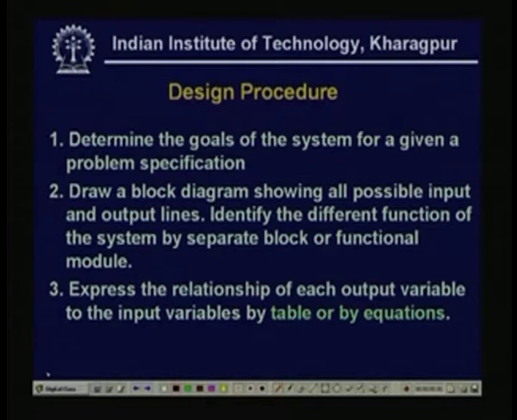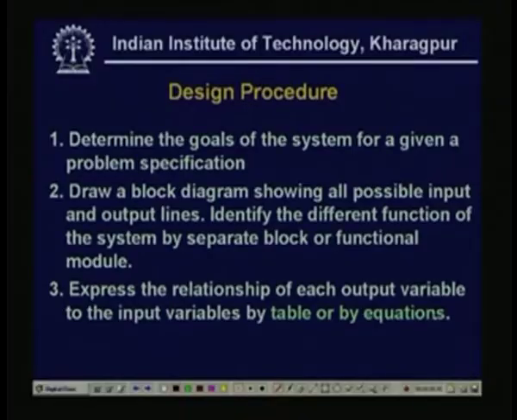Now, what we are doing for the whole function, now for each smaller module we express the output variable to the input variables, because truth table is nothing but all possible input output combinations, or the set of equations for all functional modules f1 to fn, then they will actually constitute the whole system.